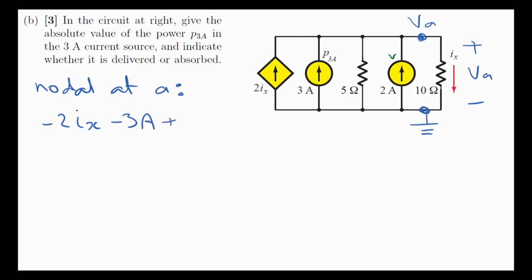Then we have the current through the 5 ohm resistor, VA over 5 ohms. Then we have another current source going into the node, minus 2A, and then the current through the last resistor, the 10 ohms, expressed as VA over 10 ohms. And all of that is equal to 0 because of KCL.